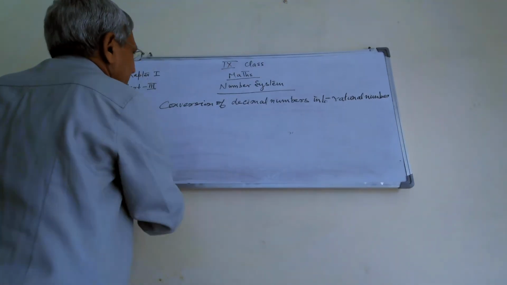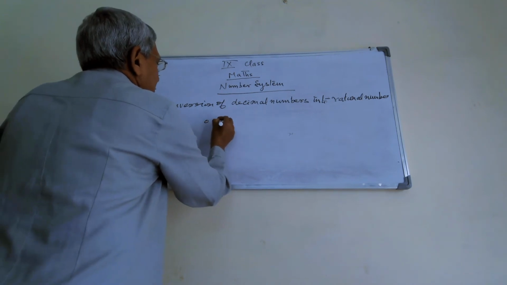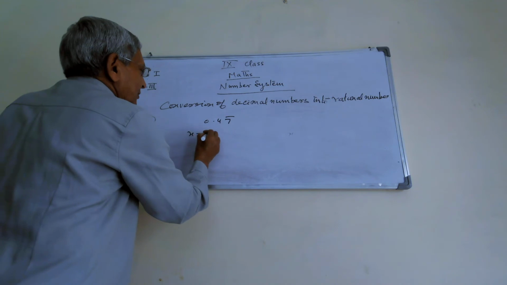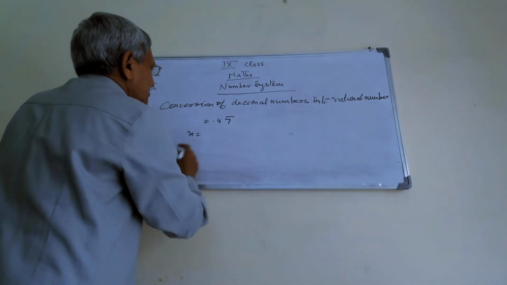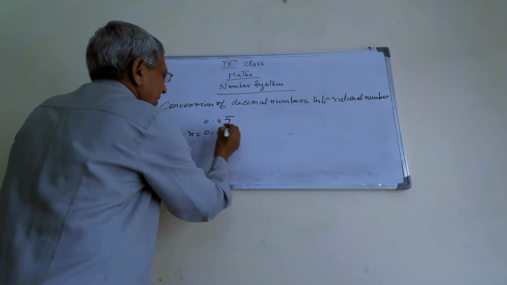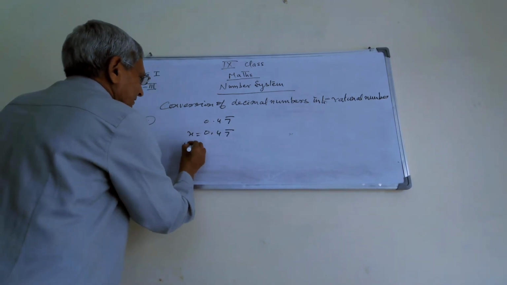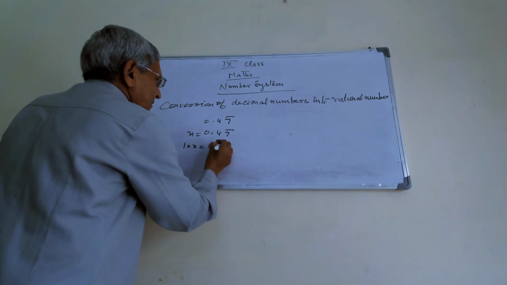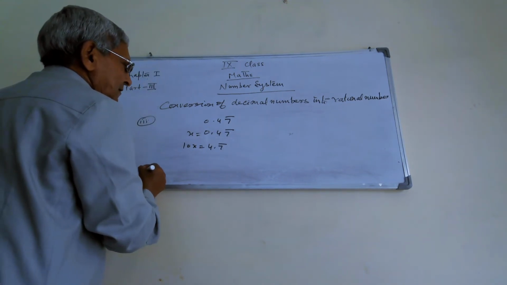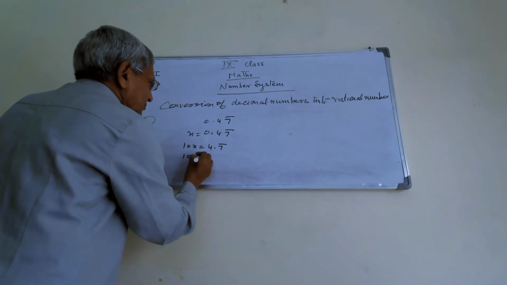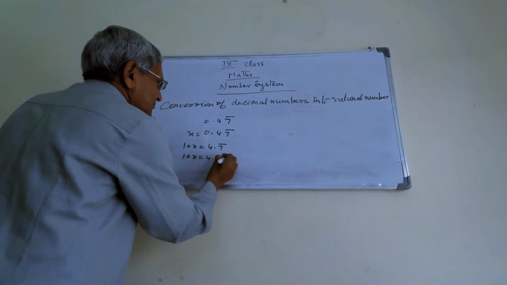This is a typical example, 0.47 bar. Let x is equal to 0.47 bar. Now 10x is equal to 4.7 bar. Now it can be written as 10x is equal to 4.77 bar.